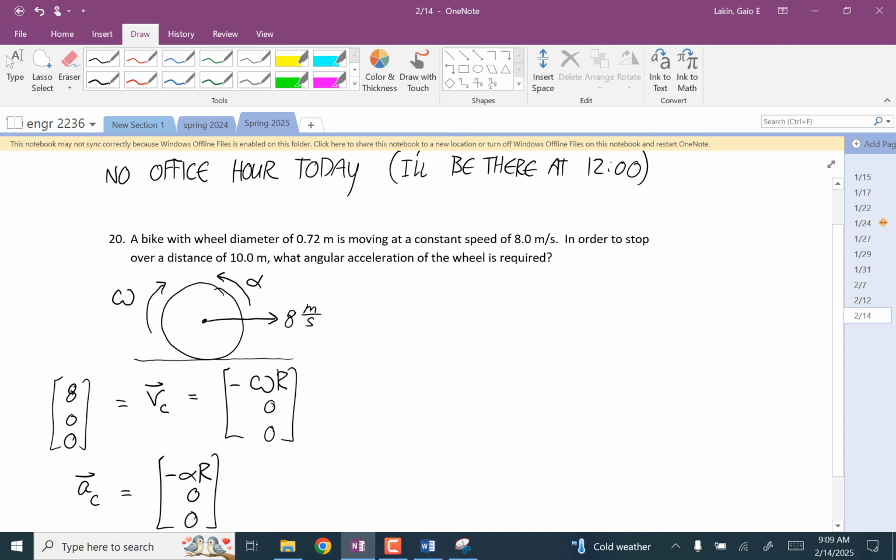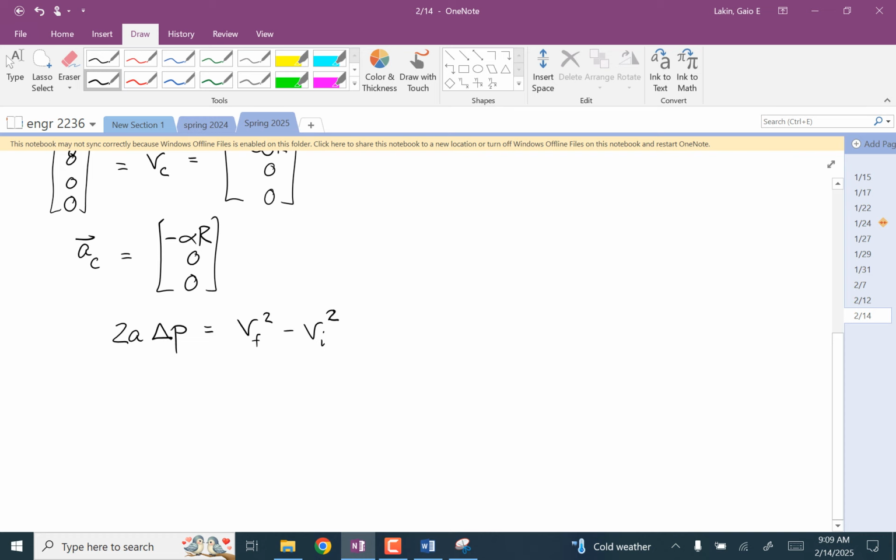So we're saying it's going to stop in 10 meters. So we have 2 times A times 10 is equal to, the final velocity is 0, the starting velocity is 8. And so we have 20A is equal to negative 64. And so A is equal to negative 3.2.